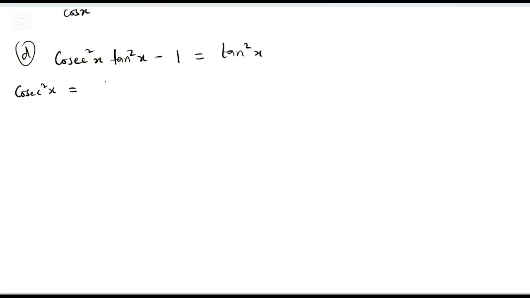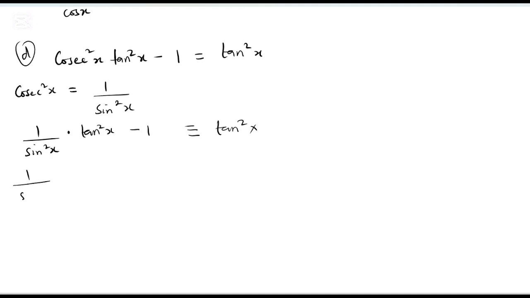is the same thing as 1 over sine squared x, right? So what I just need to do is replace cosec squared x with 1 over sine squared x. So I have 1 over sine squared x multiplied by tan squared x minus 1. This should give me tan squared x.